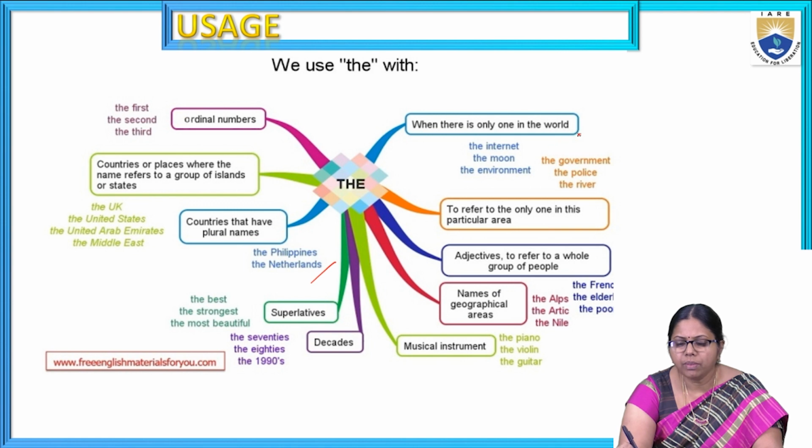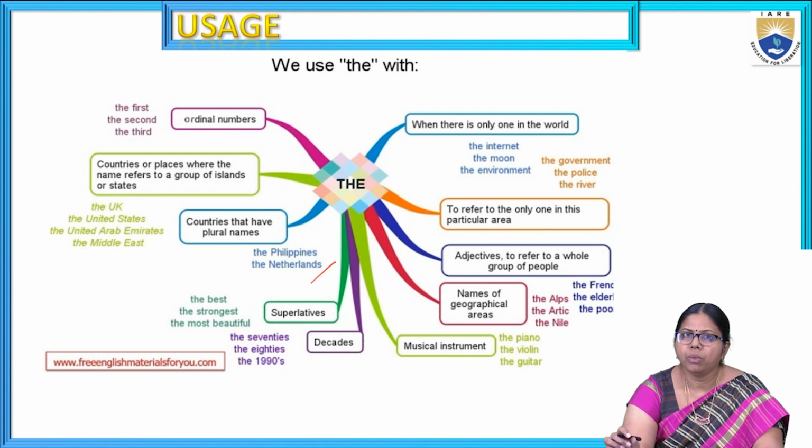So when something is specific and exists as only one of its kind, we use the. And the is used to refer to the only one in a particular area.